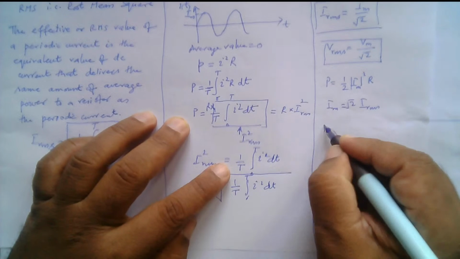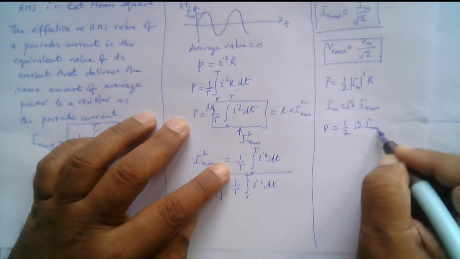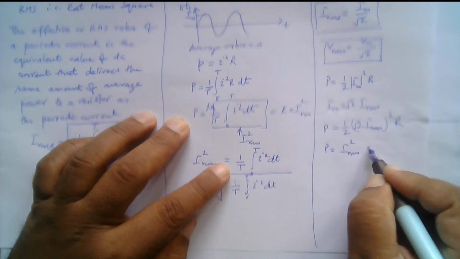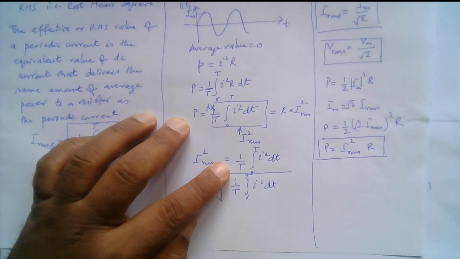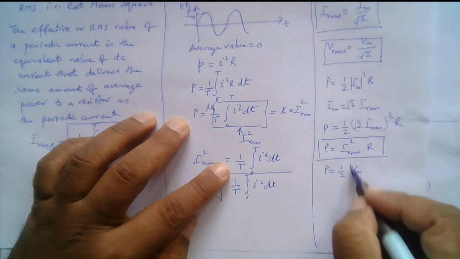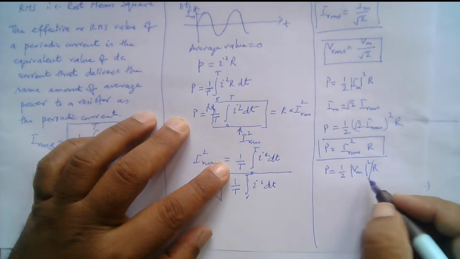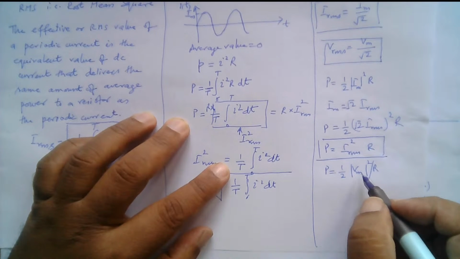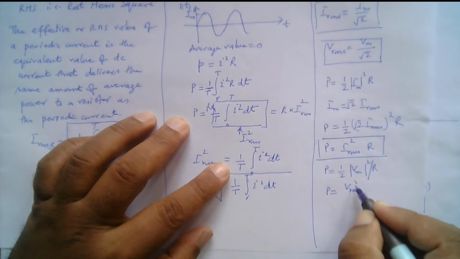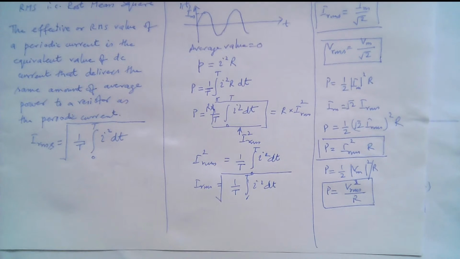So substituting this value here, that is 1 by 2 square root 2 IRMS square R, so that is IRMS square R. And similarly, P was equal to 1 by 2 the square of the peak value V divided by R. So if we put Vm equal to under root 2 Vrms, that would be P is equal to V RMS square divided by R. So this concludes this discussion here.